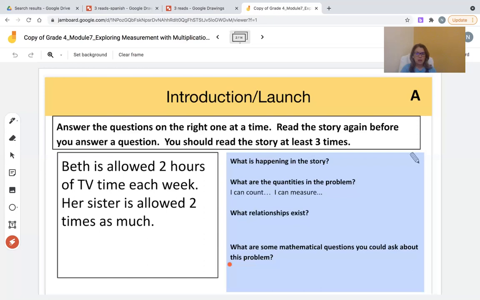Students and scholars, write a question that you can add to this problem or ask using the information in this problem. You may use the pen tool or the text box and answer in this blue section. Press pause and press play when you are ready to continue.